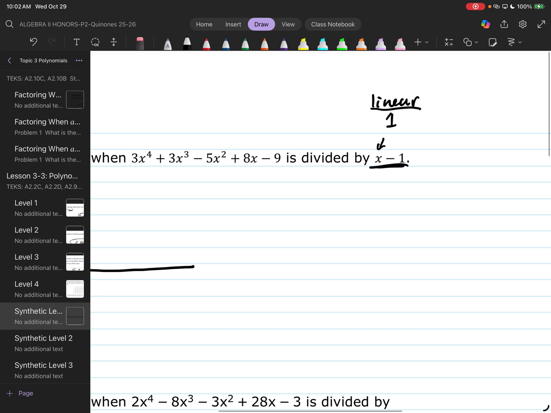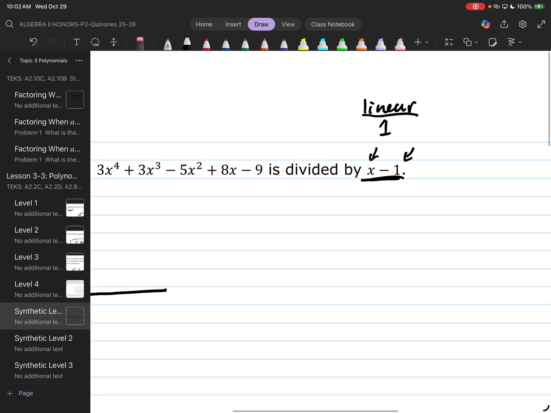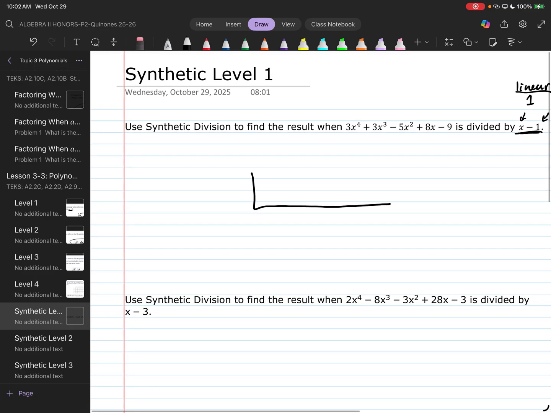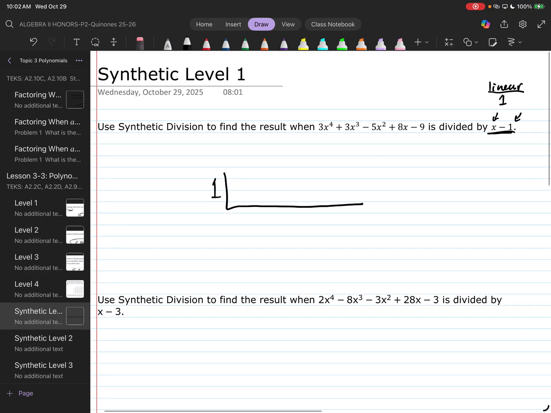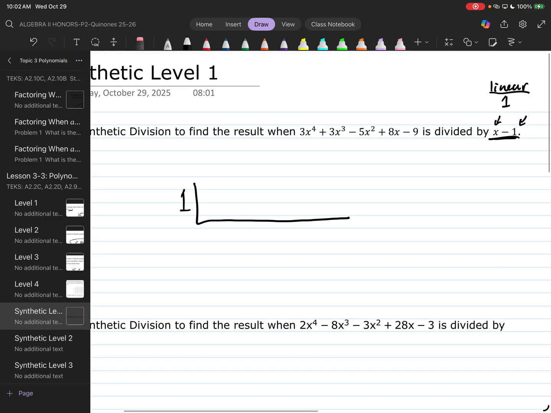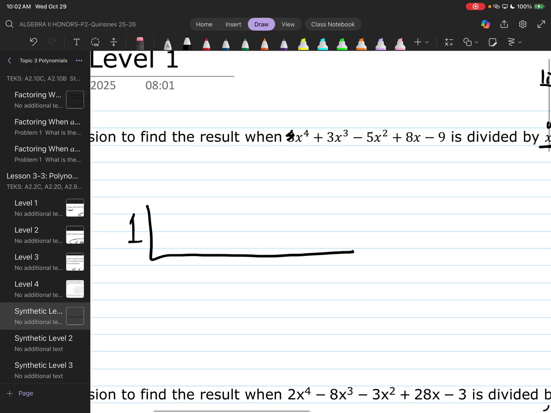And here's what we want. On the outside, we're going to do the opposite of -1, which would be what? +1, right? So 1 is what I'm going to write over here. And then what you need is the coefficient of each one of the terms in your dividend, in the polynomial that we're dividing, okay?